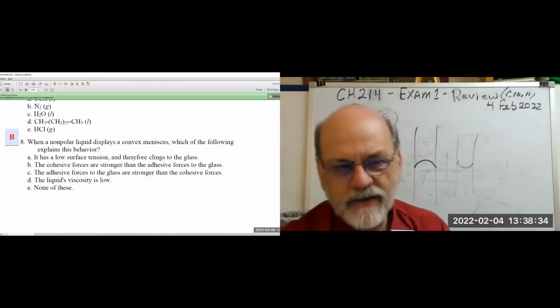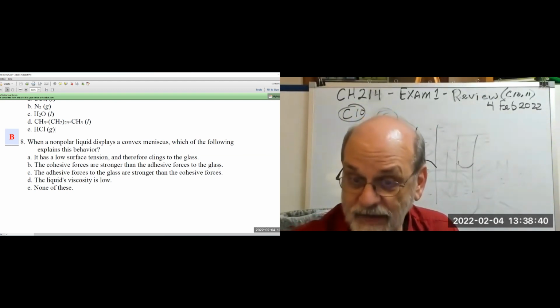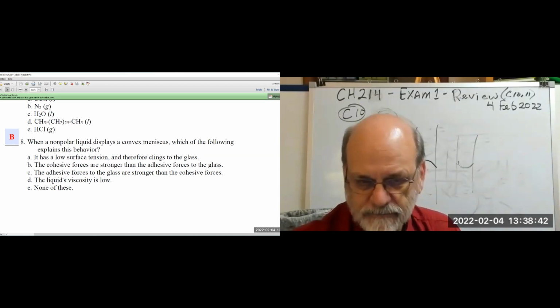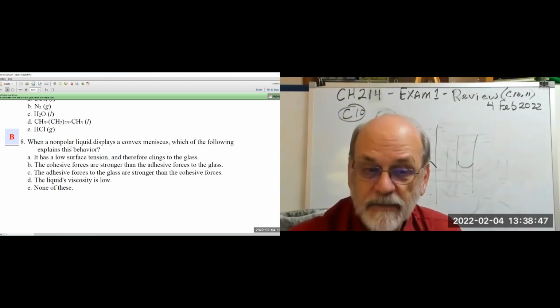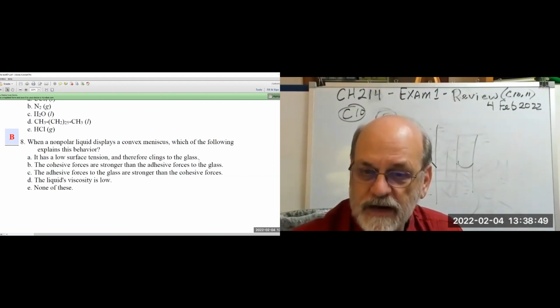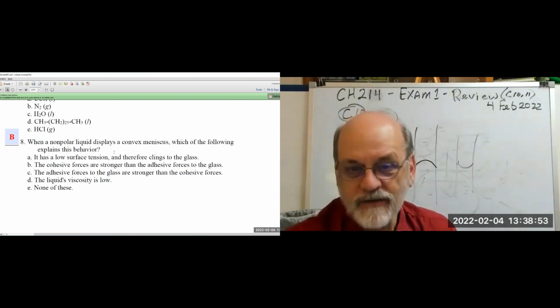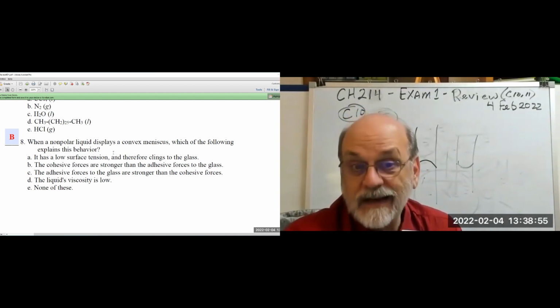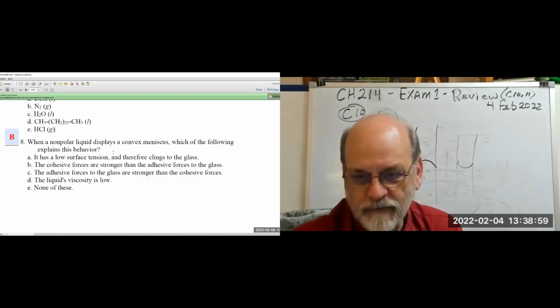Okay, so to answer that question, we look for cohesive forces are stronger than adhesive forces. That's true. Now, the problem with this question is cohesive forces are stronger than adhesive forces to the glass. There's no mention in the question of glass. It just says in a container. Right? So the answer gives us more information.